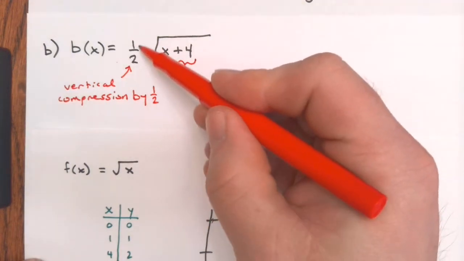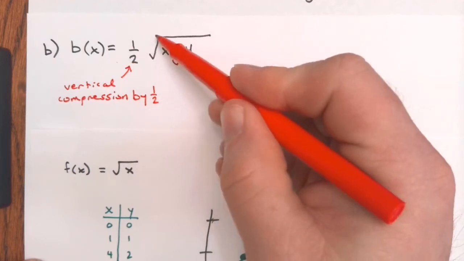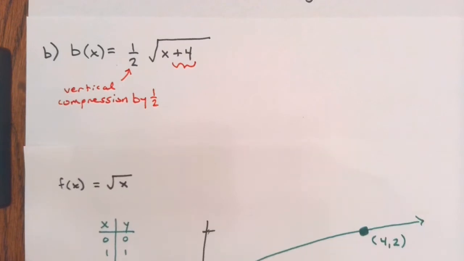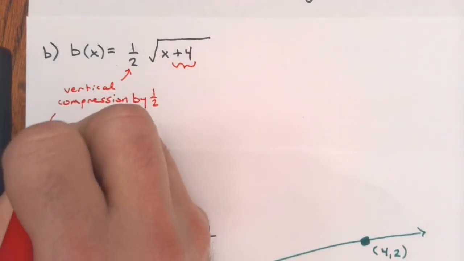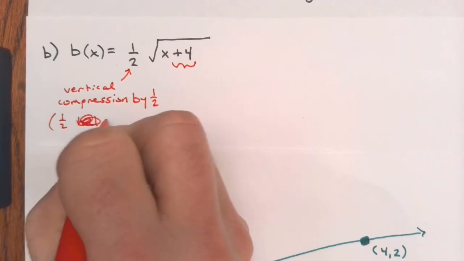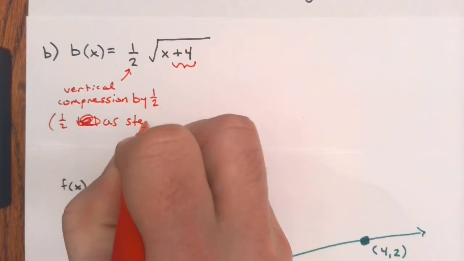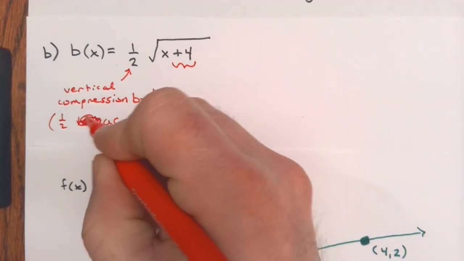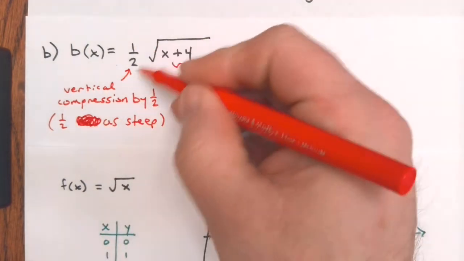Any number here that would be smaller than 1 that's being multiplied by the square root, that would give us a vertical compression. Another way that you can think of this is that this graph is going to be half as steep as the parent function. We have 1/2 in front.